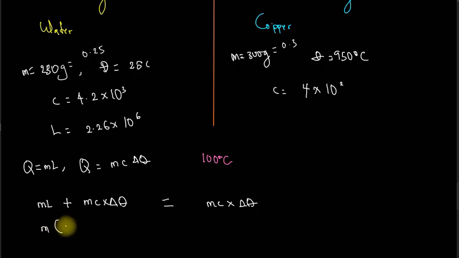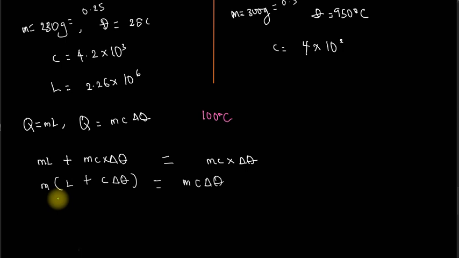So I can factor out m. It will be L plus C change in temperature is equal to MC change in temperature. Alright, so m is 0.25. Remember, on the left side we have water, on the right side we have copper.